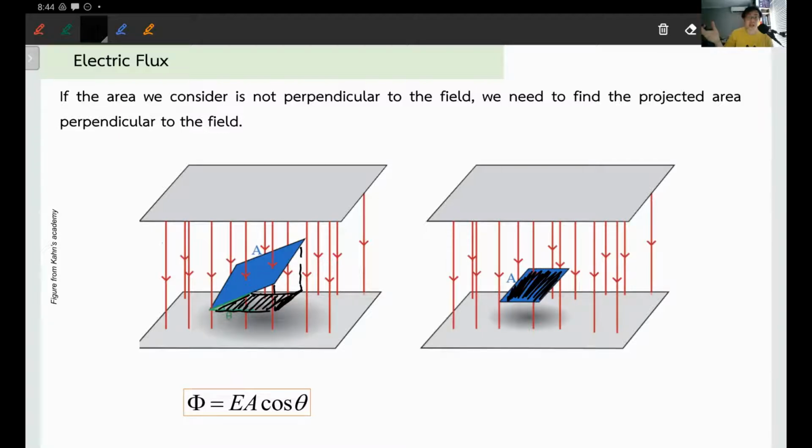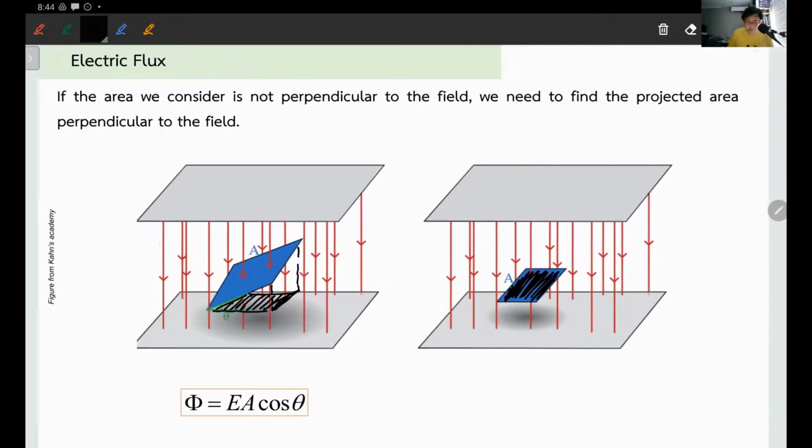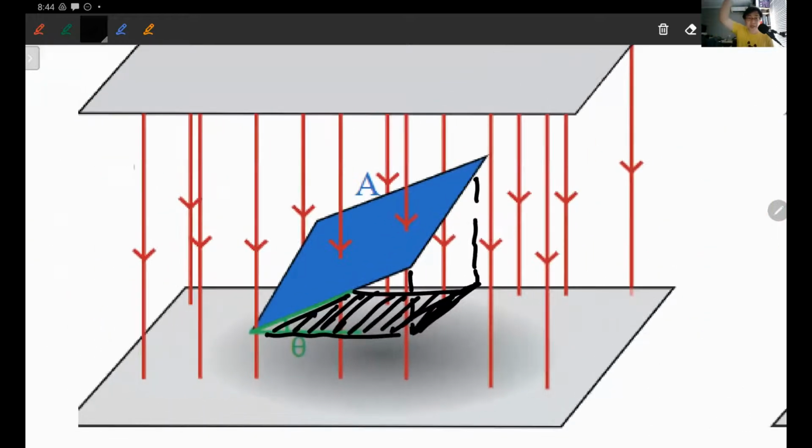Let's say you shine the light in the downward direction onto the area on the left. If you shine the light downward, hitting that tilted area A, then the shadow cast by this light is going to be the shadow on the floor, right? The black one that I'm highlighting right now.